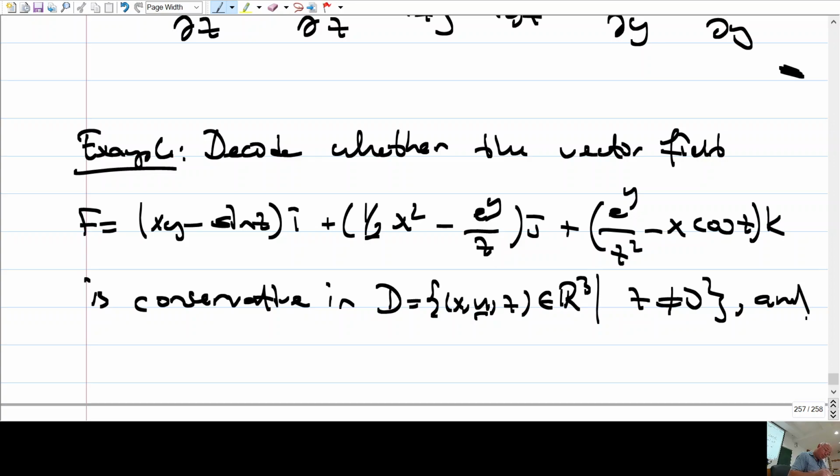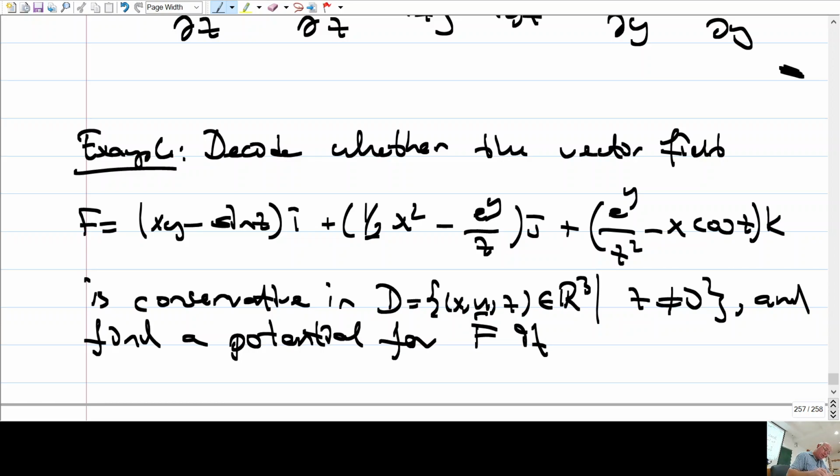And find a potential for F if it exists.